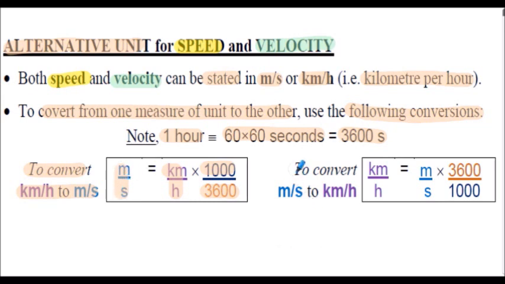Or to convert from meters per second to kilometers an hour, we multiply our value in meters per second by 3600 divided by 1000, and that converts the speed or velocity into kilometers per hour.